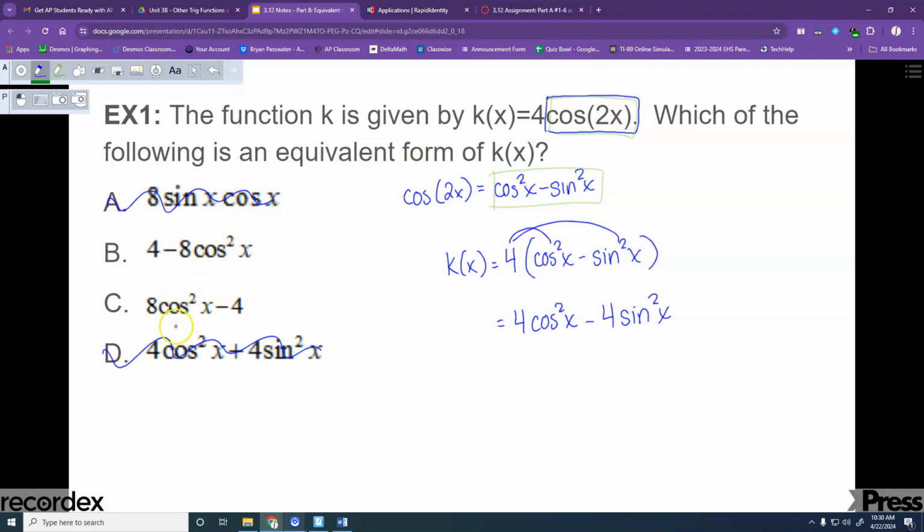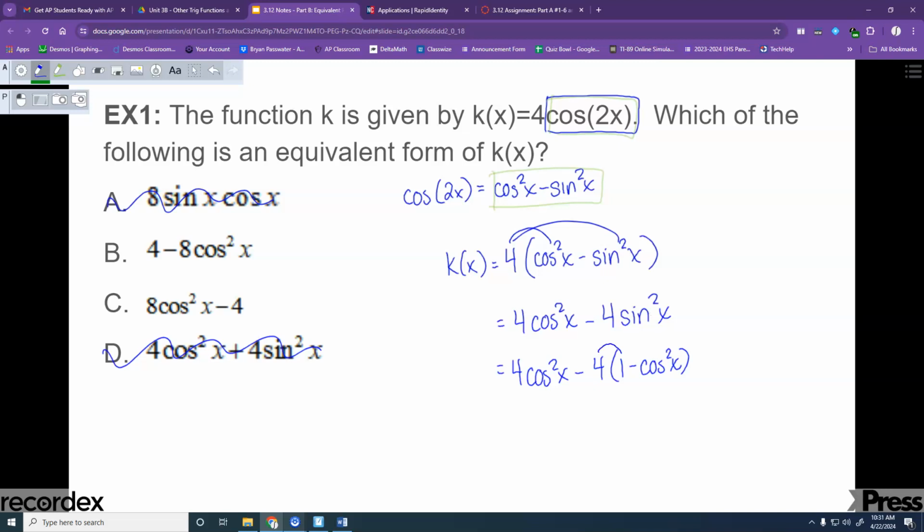And in B and C, what is missing? What do you not see? You don't see a sine, right? So that makes me think probably we've changed that sine squared x so that it's not sine squared x anymore. What could we change sine squared x to? 1 minus cosine squared x. So if we do that, we'll have 4 cosine squared x minus 4 times 1 minus cosine squared x, like that.